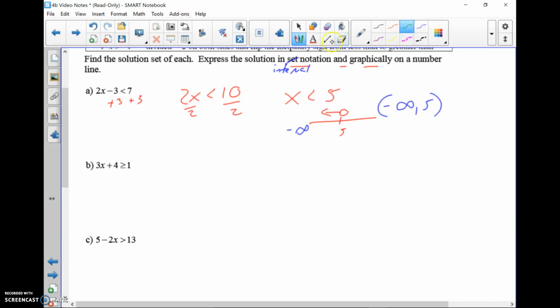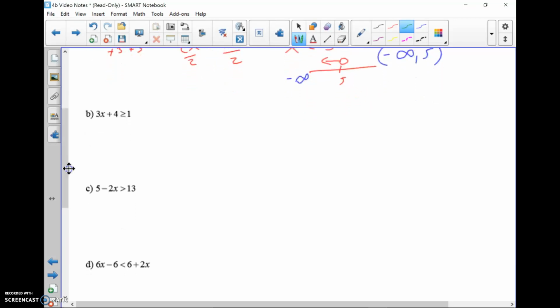Okay, B. 3x plus 4 is greater than or equal to 1. All right, first thing I look for in these things is, do I need to distribute anything? No. Are there any fractions I want to multiply away? No. Do I have x's on both sides? No. If I did, I'd get it all to the left side, combine like terms. Is any factoring needed here?